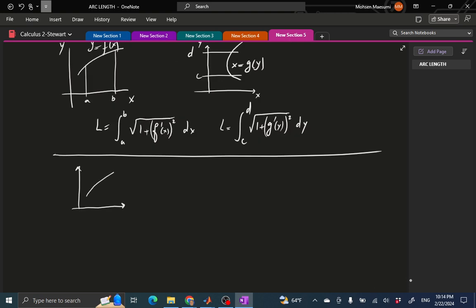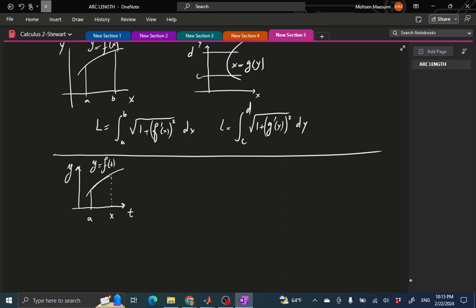Sometimes you have a function in mind and you have a starting point a, but the ending point is some variable point. In that case, you take your axis to be t and say here is your y, and y is some function of t.